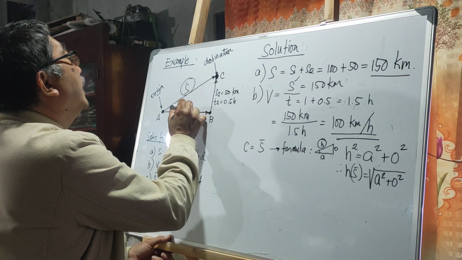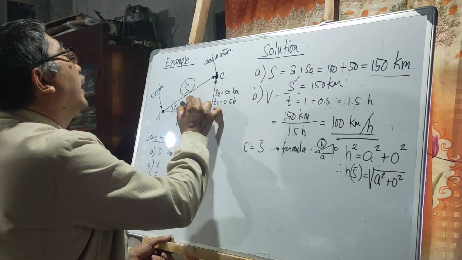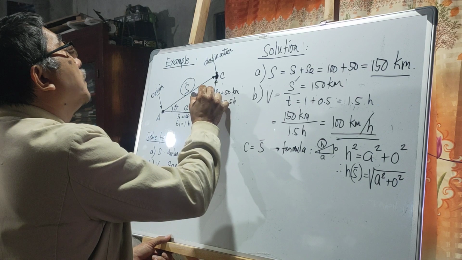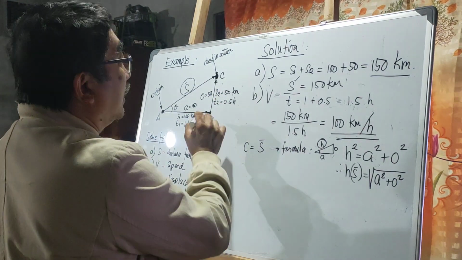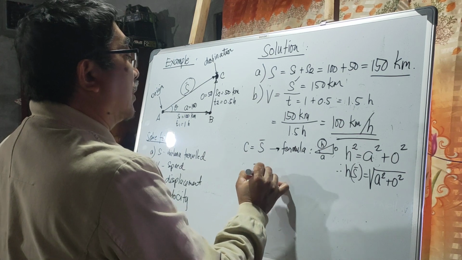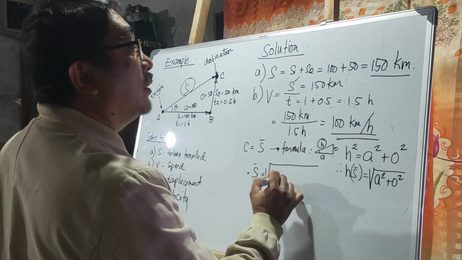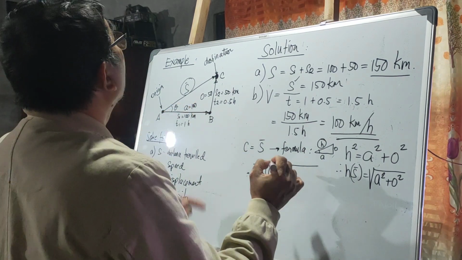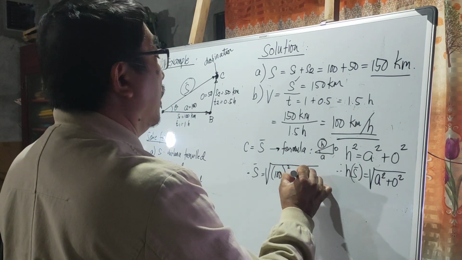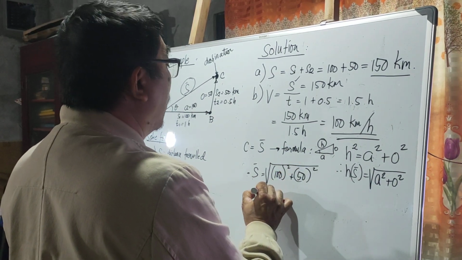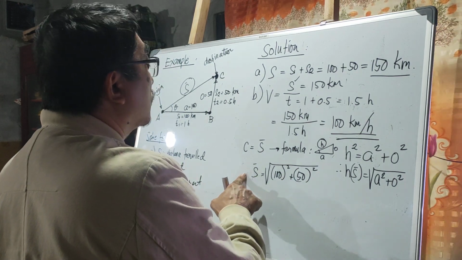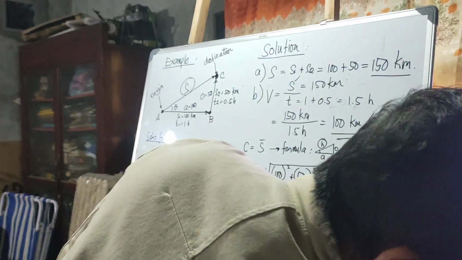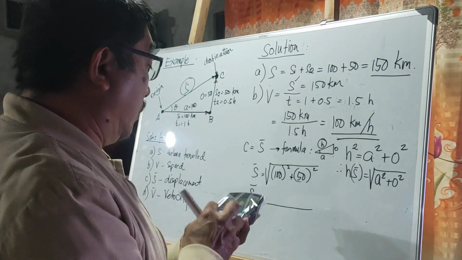Here, our A equals 100, and our O, or opposite side, equals 50. By formula, let us substitute: this is equal to the square root of 100 squared plus 50 squared. Let's try to use a calculator.